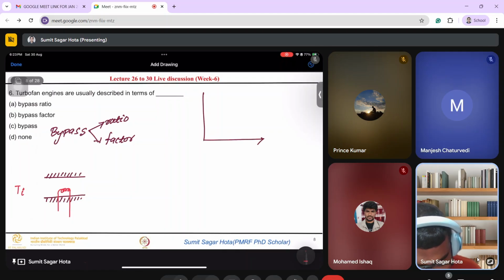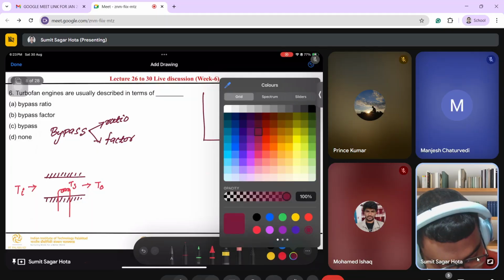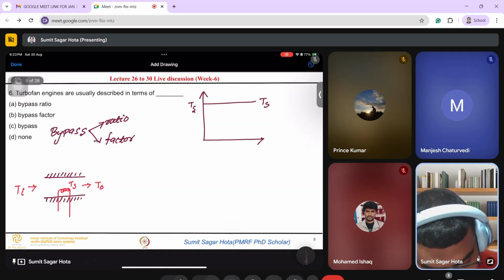When the air passes through this heater, the outlet temperature is, let it be, To. If we plot these things in a graph, Ts we are assuming is at a fixed temperature, from starting to the end.